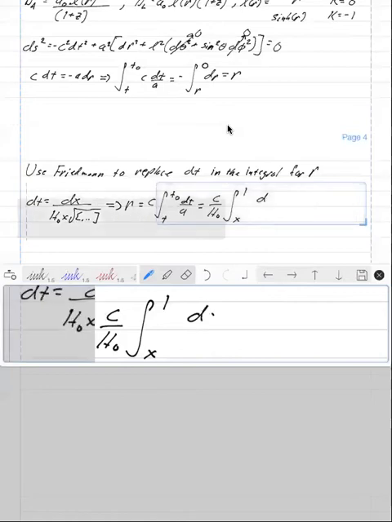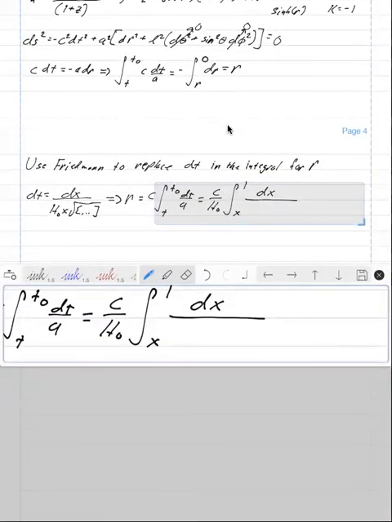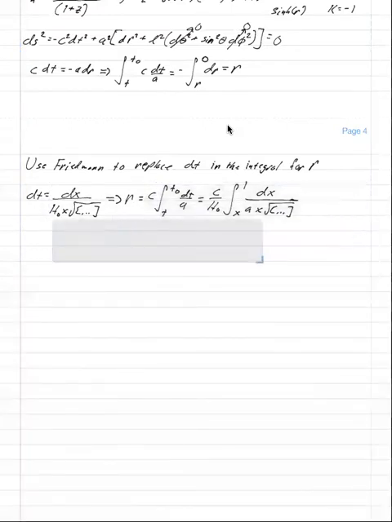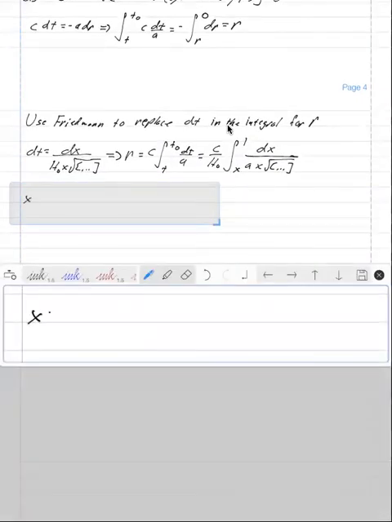And then we have dx over a times x times the square root of that stuff in the bracket. And I'll remind you that x is equal to a over a0.